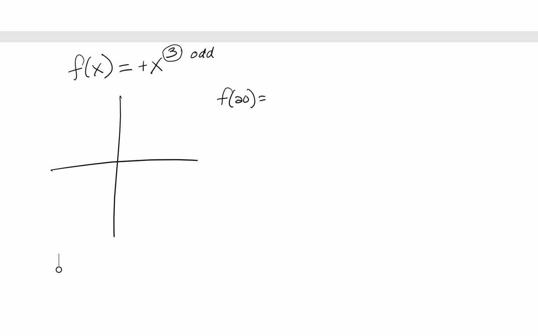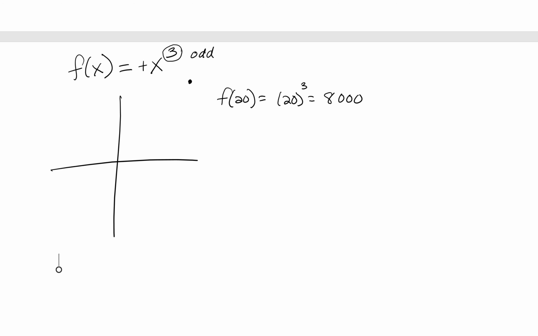I would say in most cases 20 would work. There might be a few random crazy cases that it doesn't, but most of them should. Okay, so if I plug in 20 and I cube it, I'm going to get something really big. What am I going to get here? Let's see. I'm going to get 8,000.